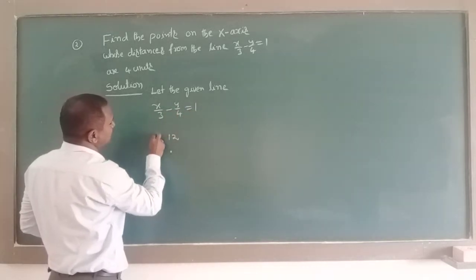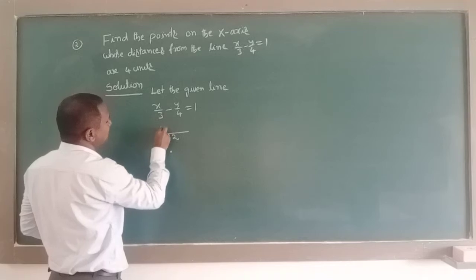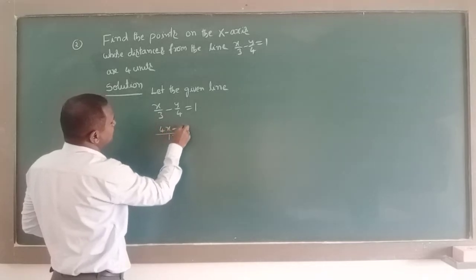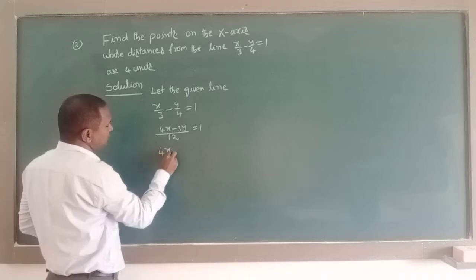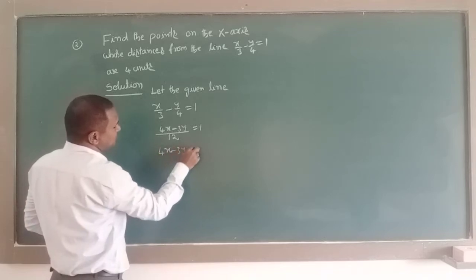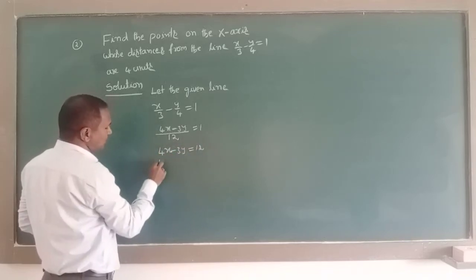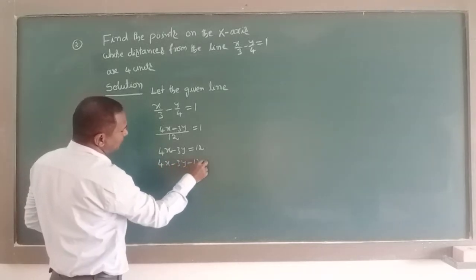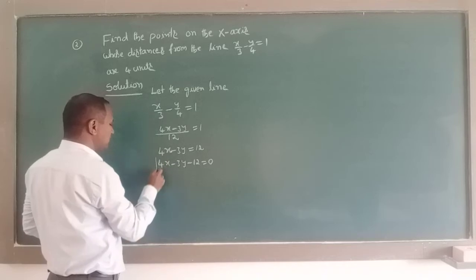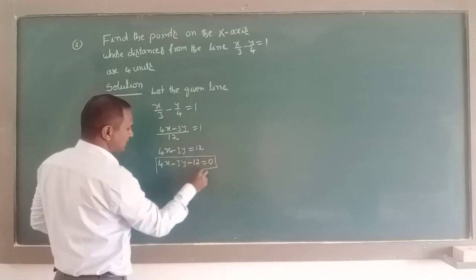LCM is 12. Taking cross multiplication, 4x minus 3y is equal to 12. And 4x minus 3y minus 12 is equal to 0, which is our required equation of straight line for this problem.